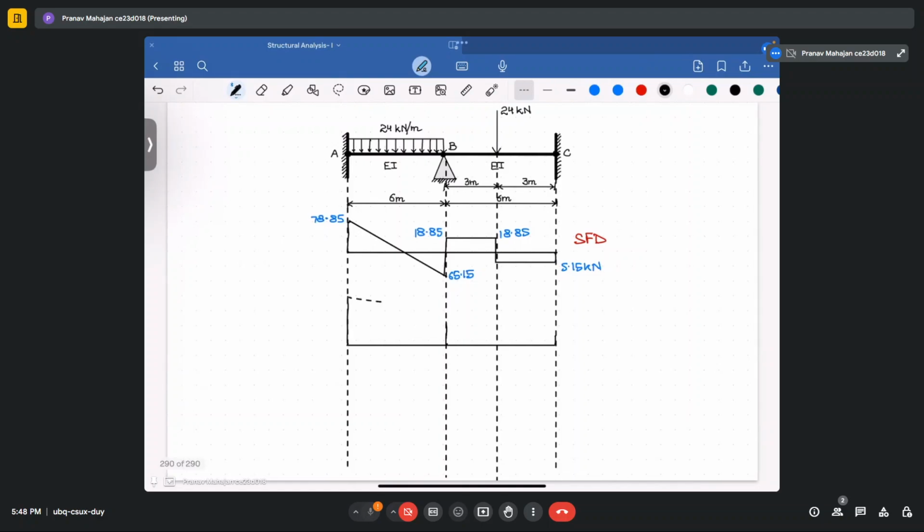So it is moving like this, touching the points like this, like this. Okay. So how does the bending moment variation occur? The bending moment variation will be parabolic. So it will move like this. Let me again draw it. It would be like this, and then it would be linear.